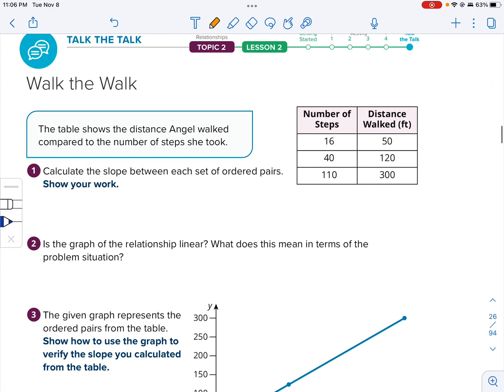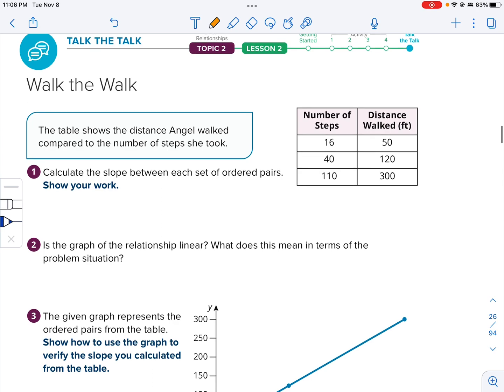Okay. And last but certainly not least, walk the walk. Calculate the slope between each set of ordered pairs. So from here to here, that would be 70. From here to here, that would be a 24. Is that right? Yeah. So that's 70 over 24, which is 35 over 12.